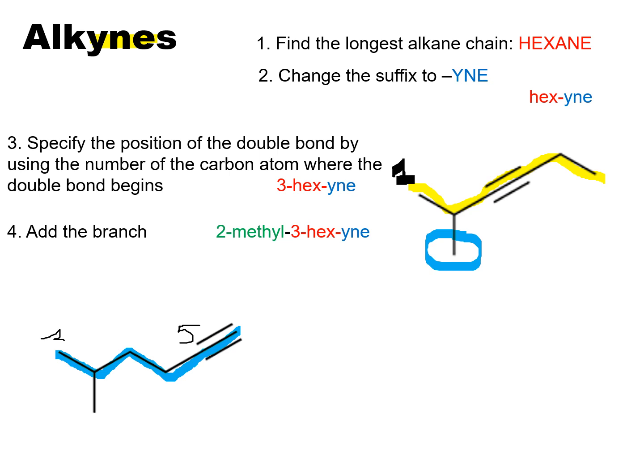On the other hand, if we start numerating from here, the triple bond would have a very low number, 1, but the substituent would be 2, 3, 4, 5, right? So we can have it either way. We need to make a decision. So the decision is that the most important one, the one with precedence, is the triple bond. So you pick the choice that gets you the triple bond to have the lowest number, even if that happens at the expense of the methyl.